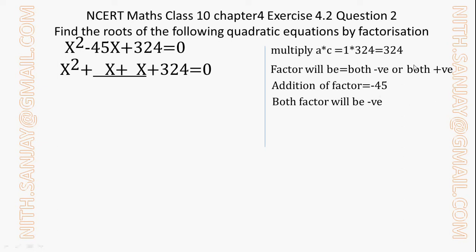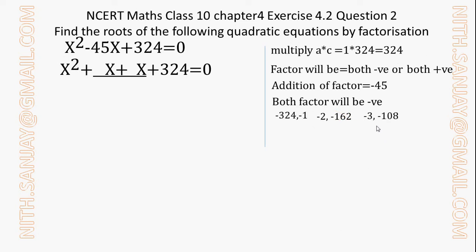Now what I will do is I will start listing out the factors of 324, right? The first factor pair of 324 I can write down is minus 324 and minus 1. Why negative? Because I have got this condition here, but their addition will not be minus 45, so I have to reject both these numbers, right? Then I will take the next factor pair. This is also not my answer, because if I add both of these, I will not get minus 45, so I will again reject this.